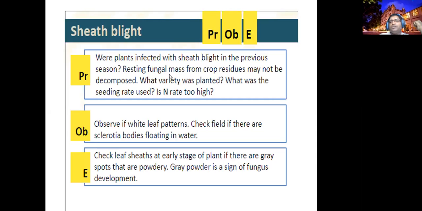You have to be careful about which rice variety you are cultivating, how much seed rate is used, whether the nitrogen rate is very high or not, and the leaf symptom pattern. If you observe all these, you can easily identify the disease and take remedial action. This is a pathway to investigate the disease problem in a particular field.